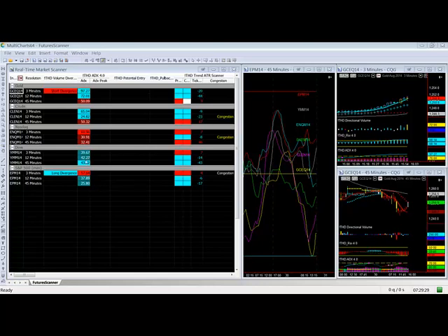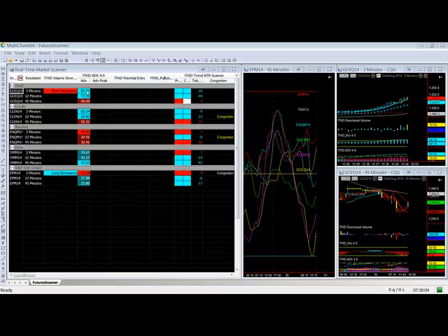The second reason I have the ADX here is anything that is above 70 is considered to be either overbought or oversold. So if it's blue, it would be overbought. If it is red, it would be oversold. So in this case, we see that the ADX on the 3-minute gold chart is at 97.